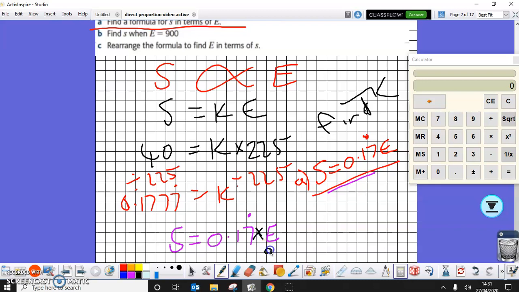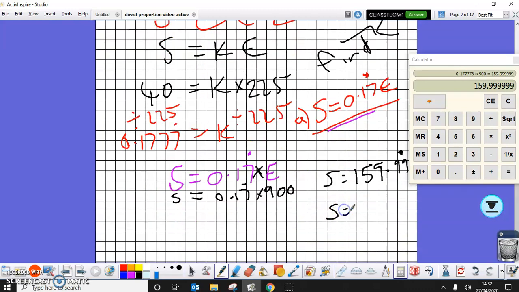Okay, E is 900. 0.17 recurring times 900 is going to give me S. So S is going to equal 0.17 times 900, which gives me, we can see it's 159.9 recurring. Or is approximately 160.